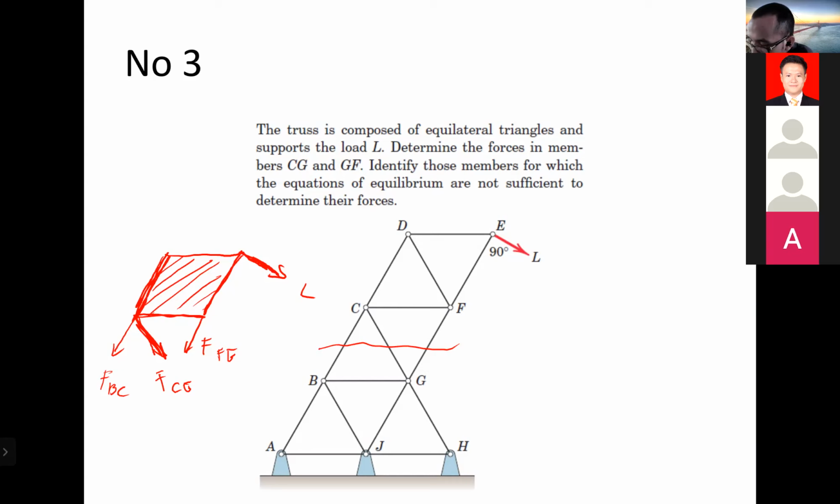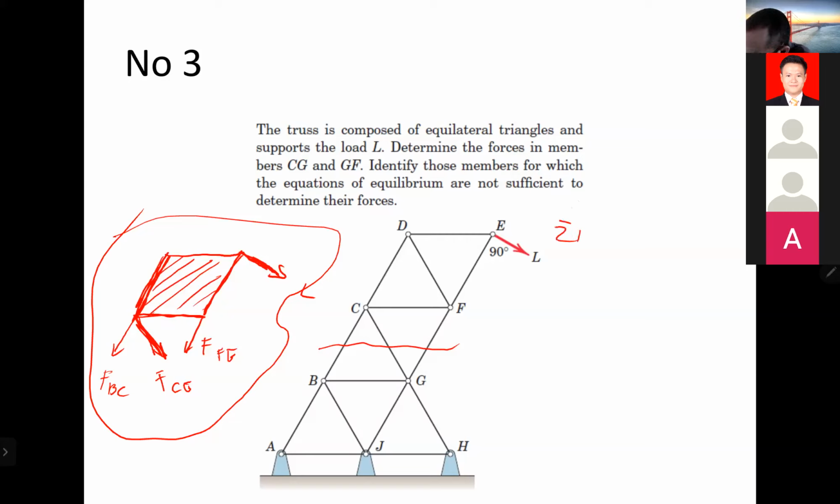So, based on this particular free body diagram, you will be able to get three equations: sigma Fx equal to 0, sigma Fy equal to 0, and sigma moment equal to 0, right? Yes, sir.